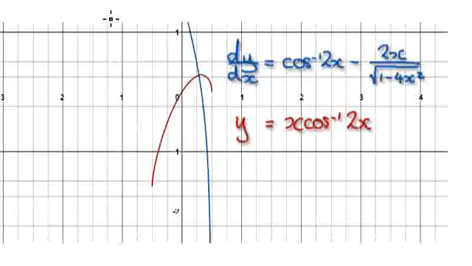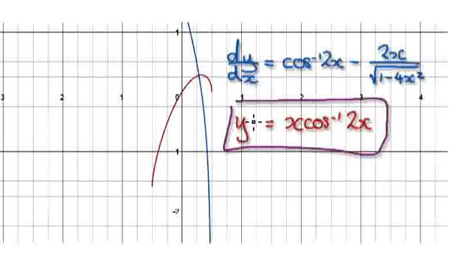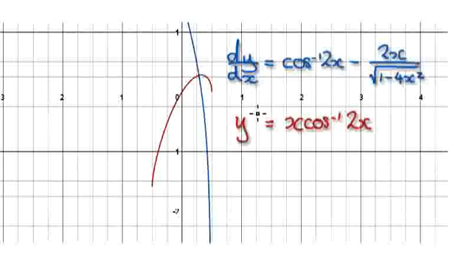So now have a quick glance to make sure that everything makes sense. So looking at our original red line here, at this point here, expect the gradient to be 0. The gradient here is 0. Now looking at the blue line here, at this point here, vertically downwards, you can see that the gradient is 0.